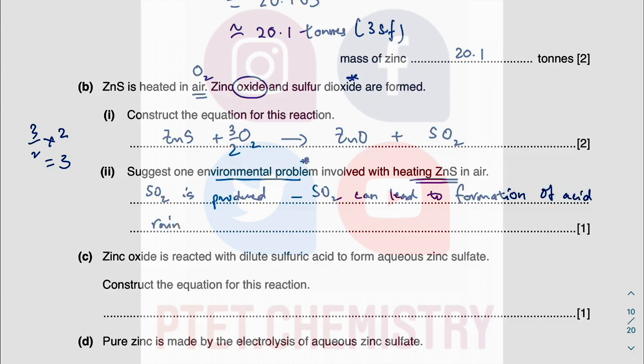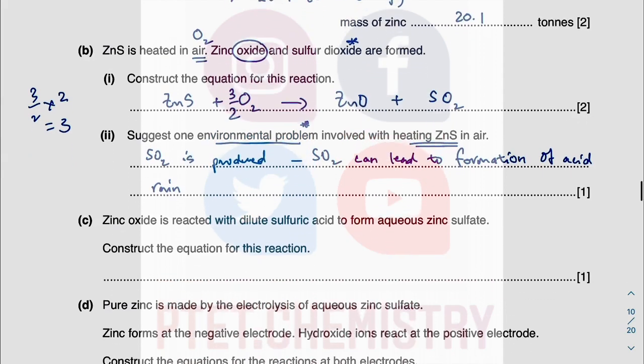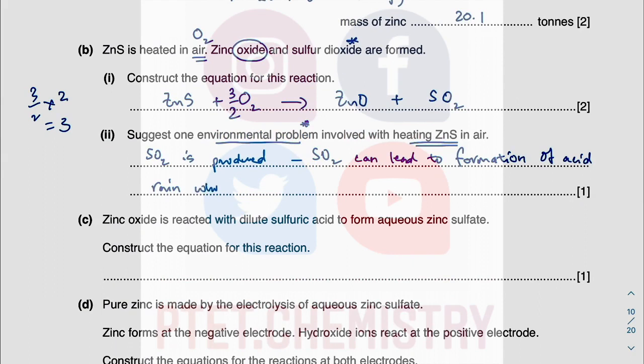Which I'm sure you have learned in environmental chemistry as part of nitrogen and sulfur. So it can lead to formation of acid rain, which can make soil too acidic for farming, or you can even kill aquatic plants and animals. But I guess it should be enough to just say that it can lead to the formation of acid rain.